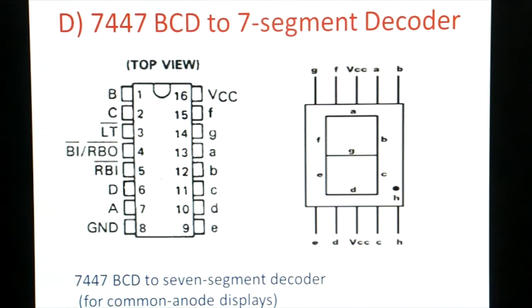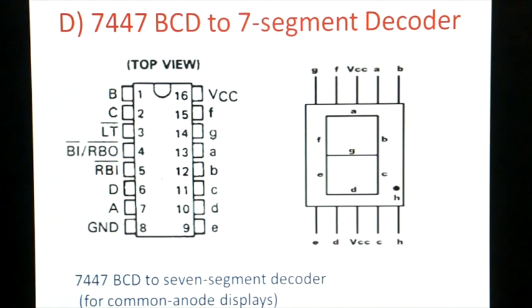But 4 bits can go all the way to 15, which is not decimal. Therefore the word BCD. In BCD you go only from 0 0 0 0, which is 0, to decimal 9, which is 1 0 0 1. Decimal 8 will be 1 0 0 0. So you have only 0 to 9. The remaining combinations are valid binary, but they are not required.